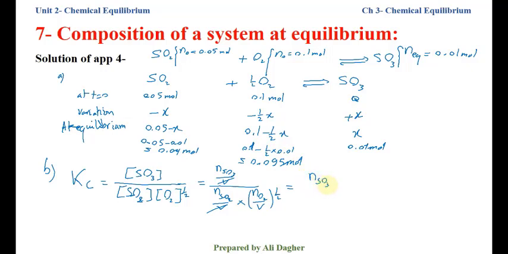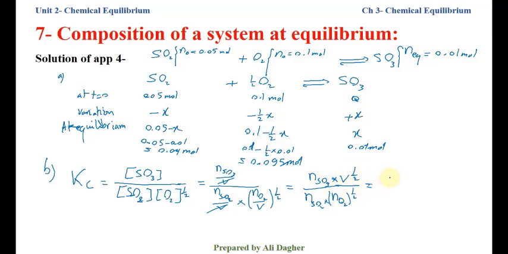It remains NSO3 in the numerator over NSO2 in the denominator times NO2 power half, and V power half is transposed into the numerator, then times V power half. We replace each term by its value.